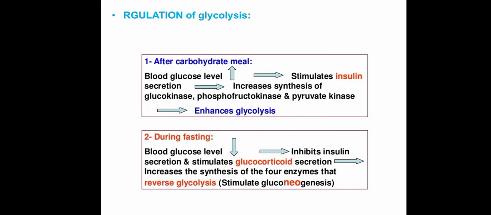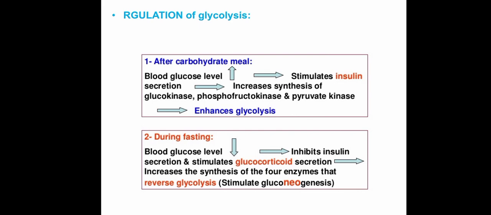Now I want to remind you of the steps of glycolysis. How many steps are there? 10 steps. The first 5 are the preparatory phase, where step number 1 and step number 3 are irreversible, where we need 2 ATPs to start, and from step number 6 to 10 is the payoff phase.